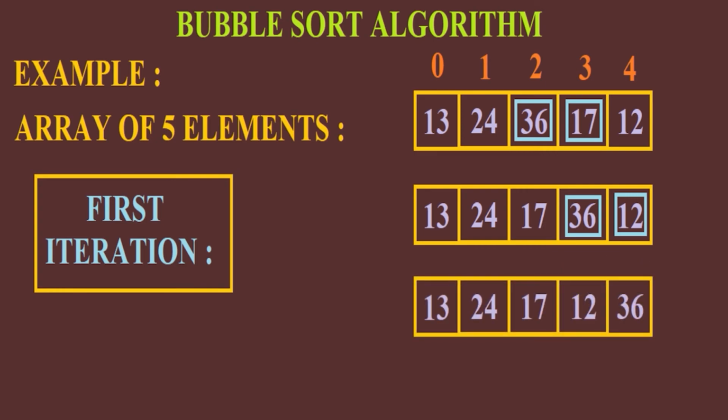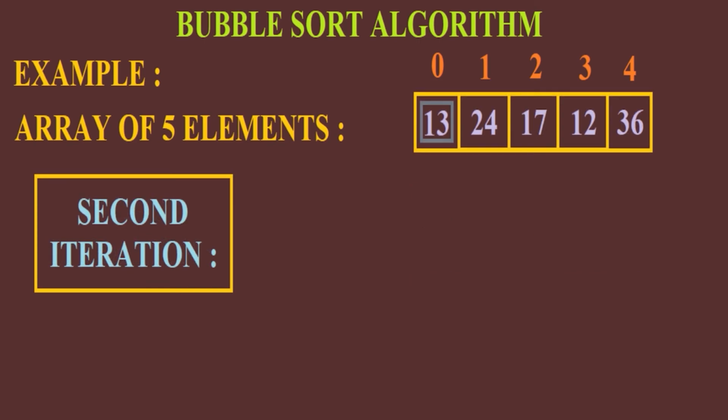Thus, after the first iteration, 36 has reached its desired position and the array will look like this: 13, 24, 17, 12 and 36. Now, in the second iteration, 13 will be compared to 24. Since 13 is less than 24, they will stay at their original positions. Now, 24 will be compared to 17.